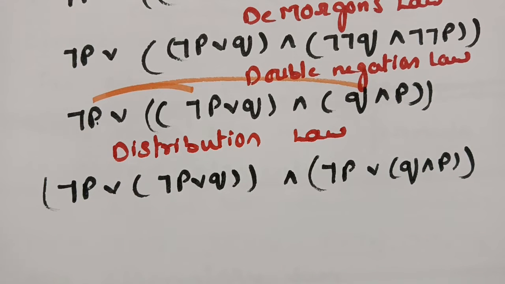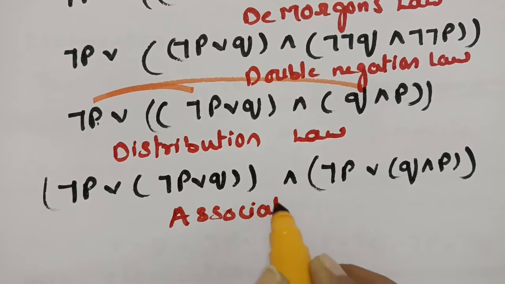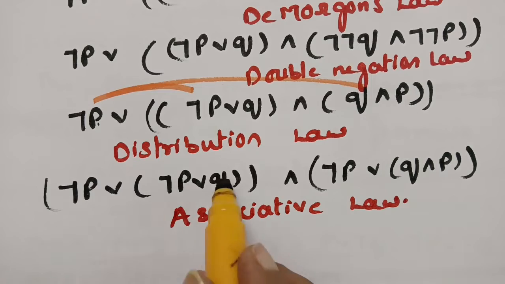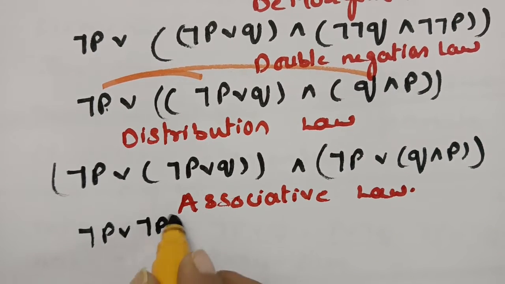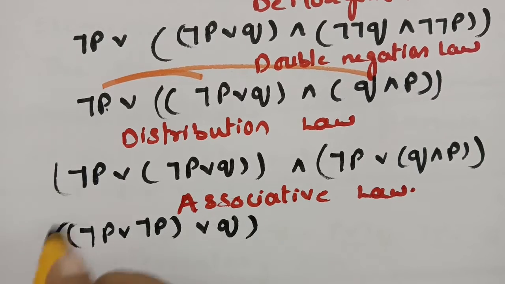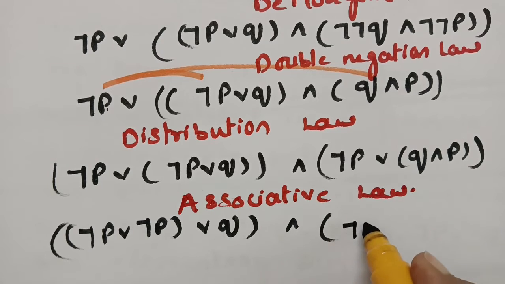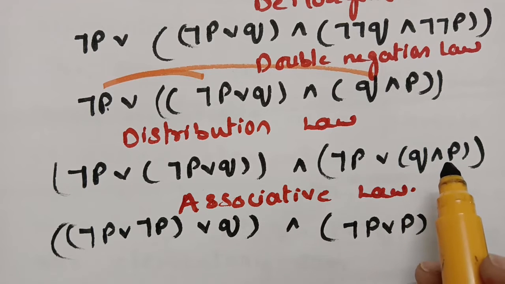And next thing here is, this one I can write as associative law. Associative law I have to use. If I apply associative law, I can interchange these brackets as negation P or Q, and if I change this one, negation P, I can write this negation P. Now here I have to use distribution law.